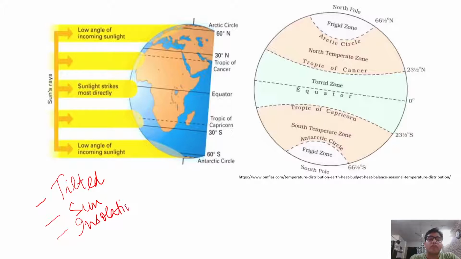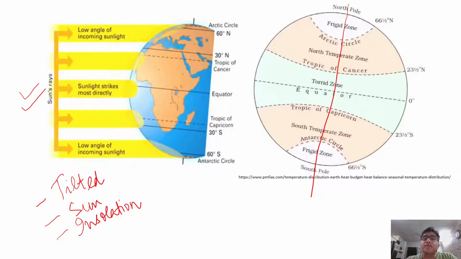This was all we have already covered. So if you look at this diagram, due to this tilt of the earth and these different latitudes, you can see how the angle of the solar insolation or the incoming sunlight on the earth is a major cause for the variation in the heat budget.